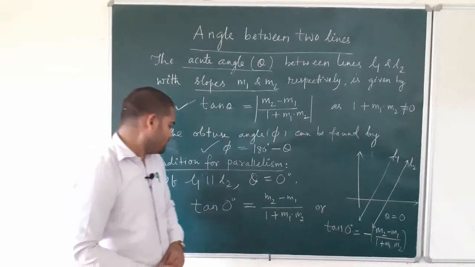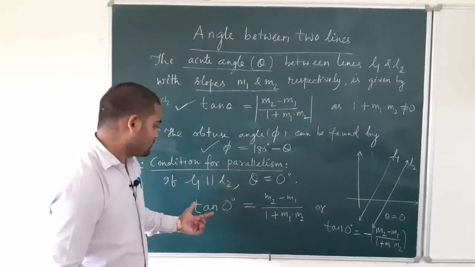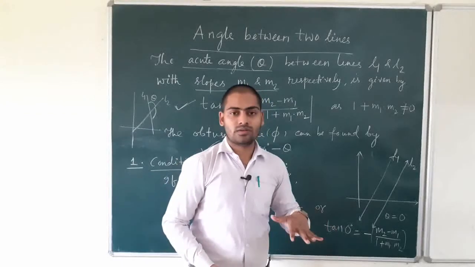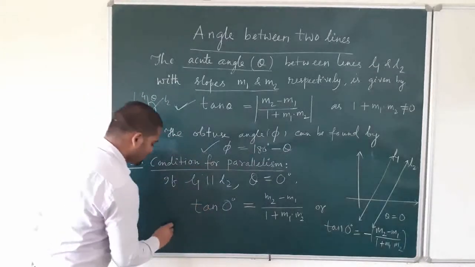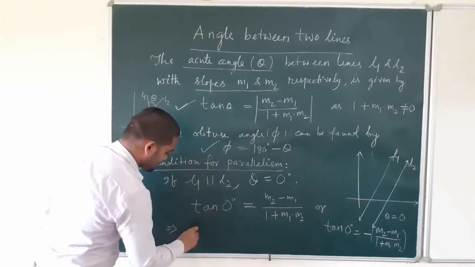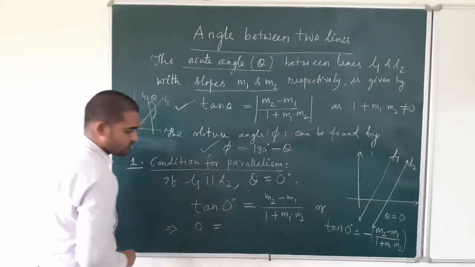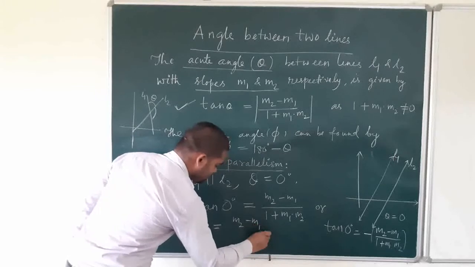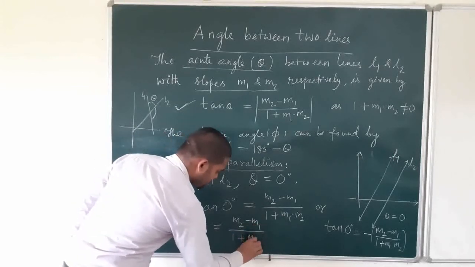As you know, the tangent value may be positive or may be negative. So here you solve, you get tan 0 is 0, then m2 minus m1 by 1 plus m1 into m2.